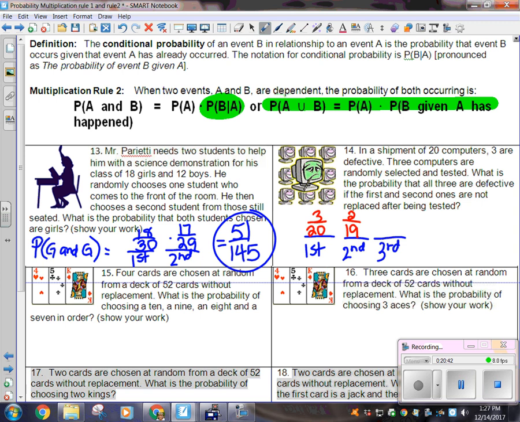This is what we mean by the odds of B happening given that A has occurred. Given that we did choose a defective one, now what do my odds change to? What about the third time? There's only 1 left out of all 18. The odds of you getting all 3 defective computers are going to be amazingly small.